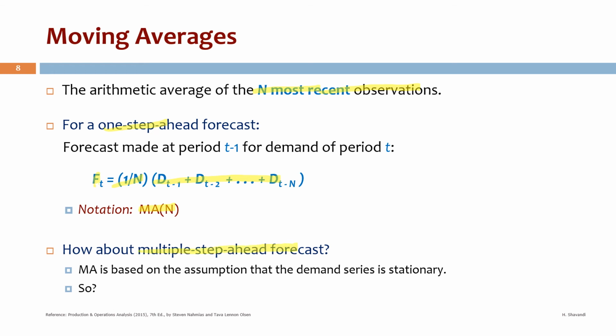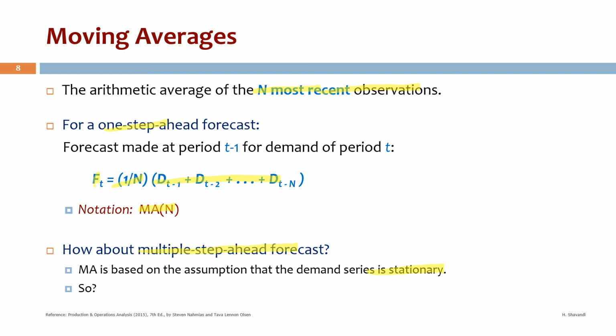So how about a multiple step ahead forecast? Since the moving average is based on the assumption that the demand series is stationary, is there any difference between a one step ahead forecast and a multiple step ahead forecast here? What do you think? There is no difference, right?